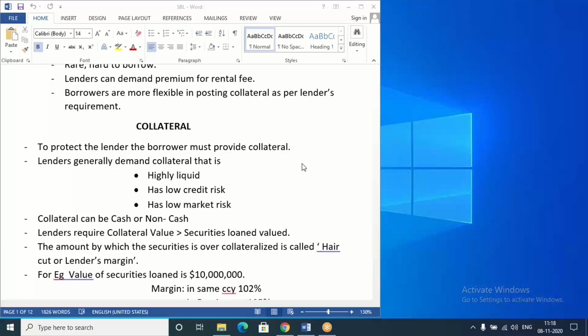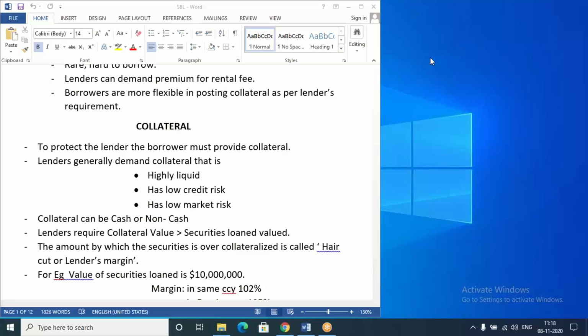Why is that? So that in case of a default, it can be immediately converted to cash by the lender. Exactly. Thanks, Anupam. Correct.